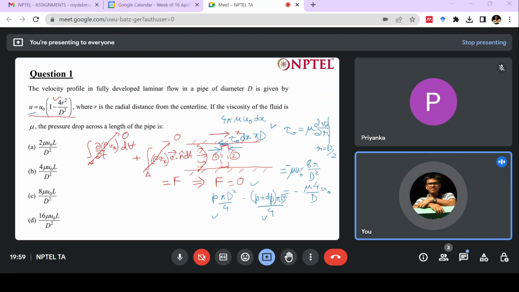So I can simply write P times pi d square by 4 is equal to P plus dP times pi d square by 4, plus this tau term, which is 4 pi mu u0 dx.